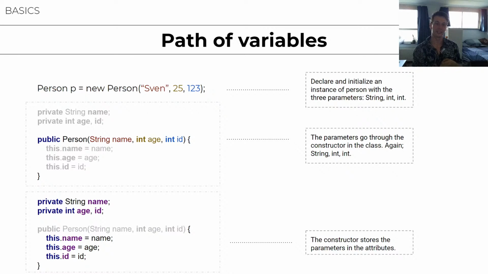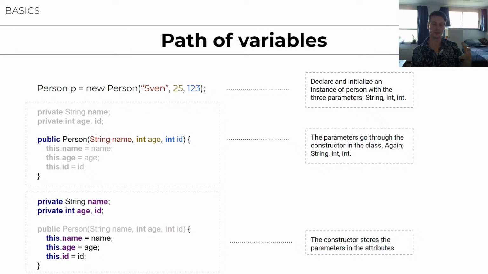Now what you can see is that it says public person, string name, int age, int ID. So there's a naming conflict with the attributes and the parameters. So what you then do is you say this dot name to indicate that that's the attribute of the class. So you say this dot name, the attribute, is being assigned the value of name, the one that comes in through the parameters.